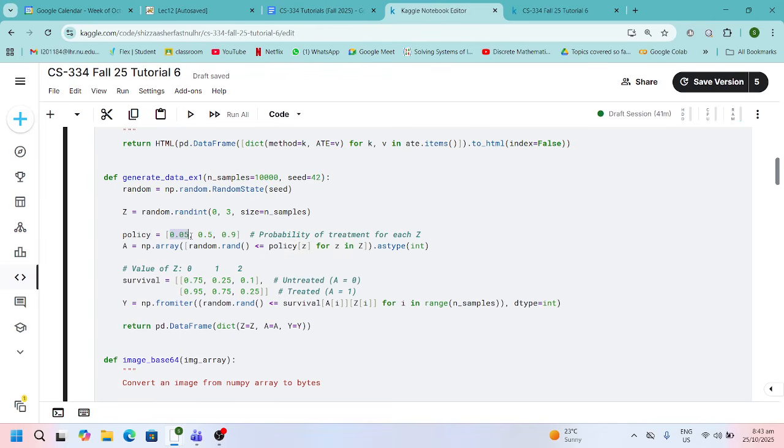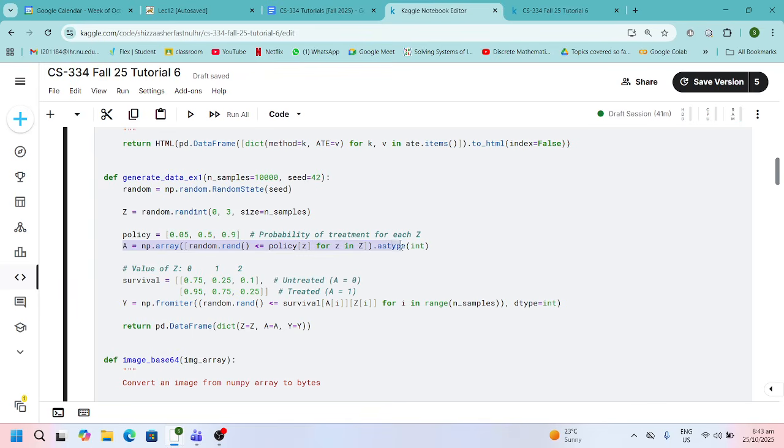5% chance of receiving the treatment if Z is 0. So 5% chance of receiving the treatment if your symptoms are mild. 50% chance of receiving the treatment if your symptoms are severe. 90% chance of receiving the treatment if your symptoms are critical.